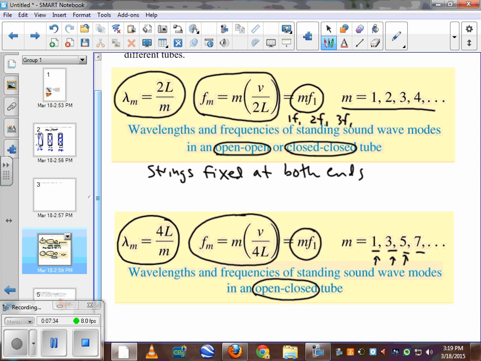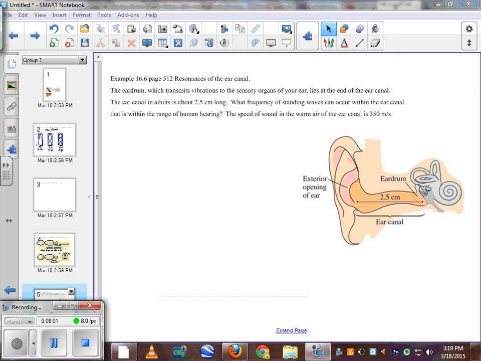It's a little bit tricky: 1 is the first harmonic, 3 is the second harmonic, 5 is the third harmonic, 7 is the fourth harmonic. So you have to pay attention that you go 1, 3, 5, 7 to go from first, second, third, fourth harmonic. So I'm going to do an example problem here with you.